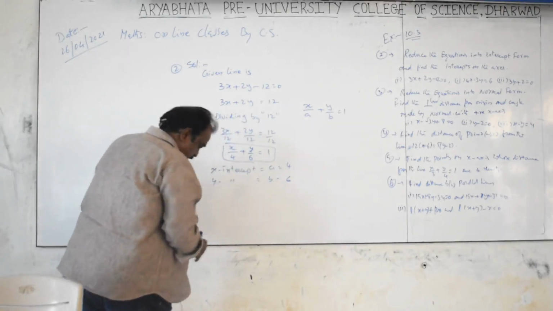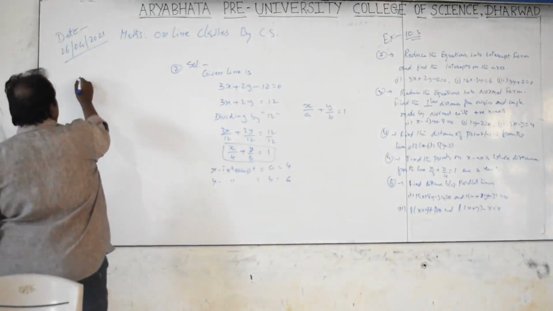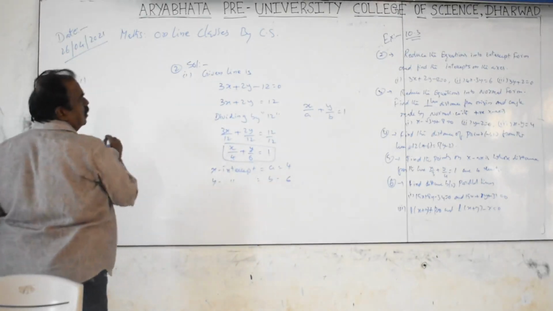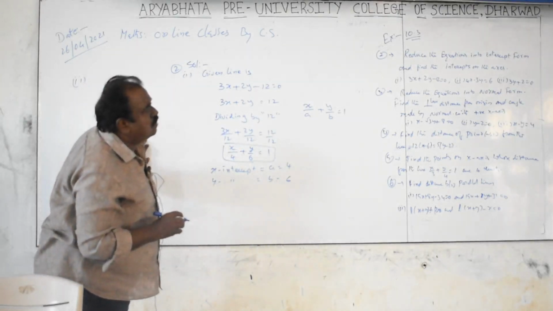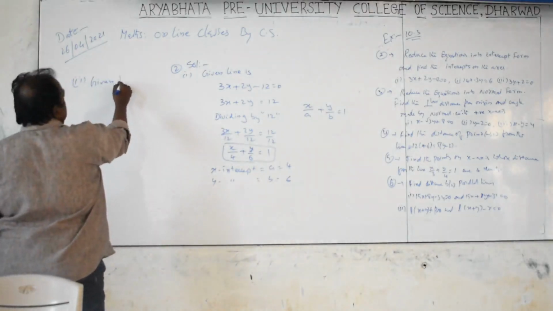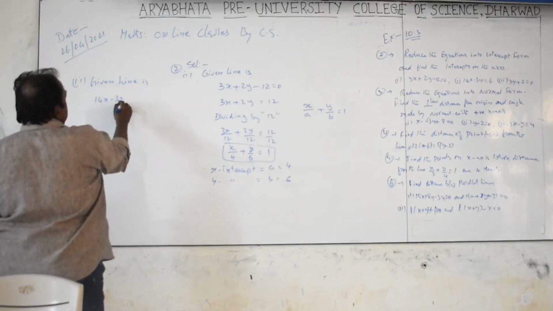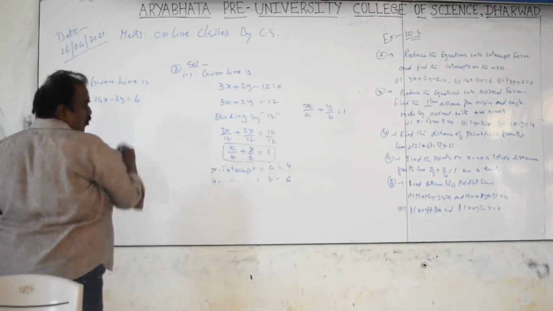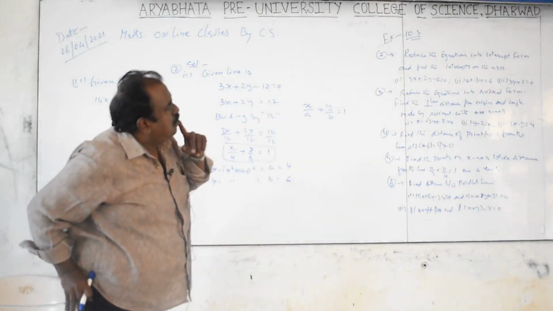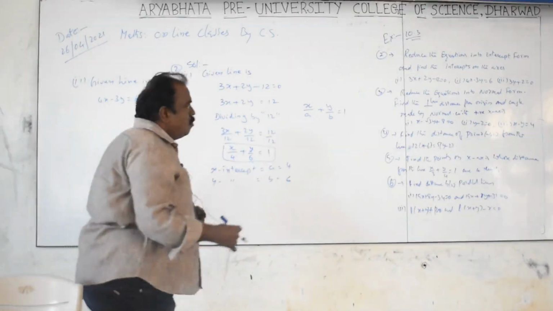Now the second problem I will solve here only. Given line is 4x minus 3y is equal to 6. It is not 14x, it is 4x only. I'm sorry.